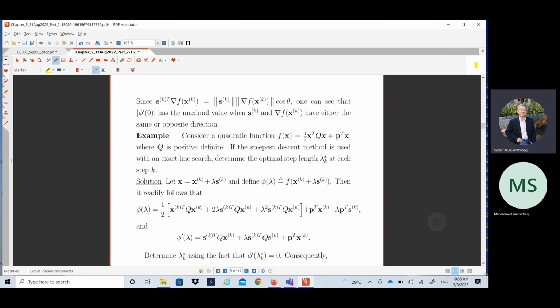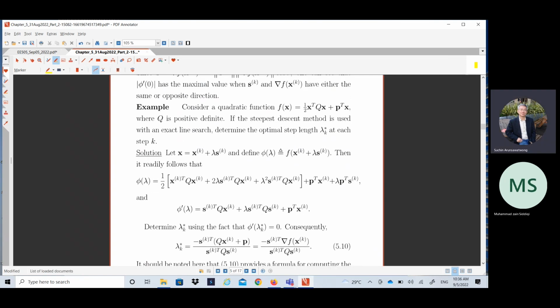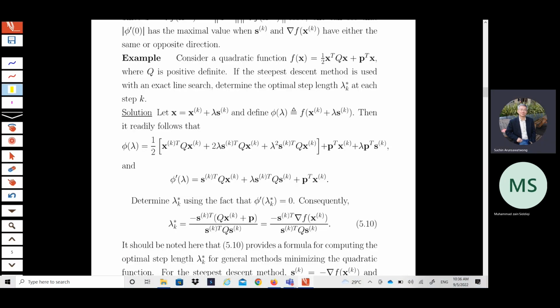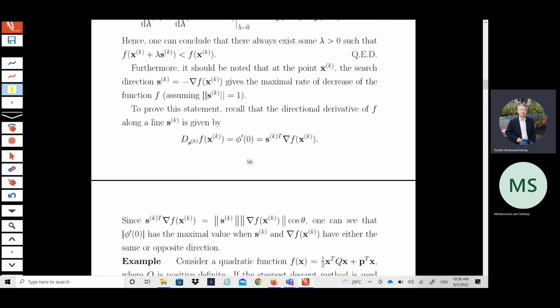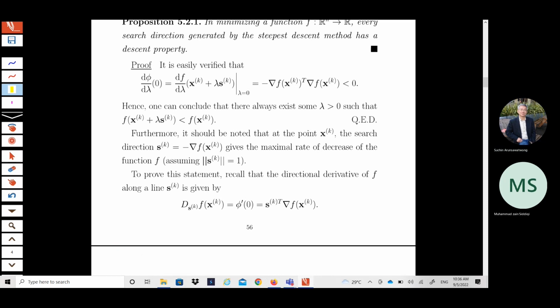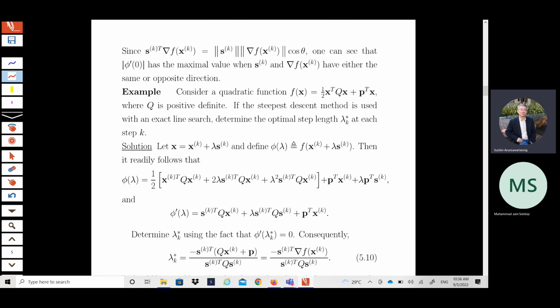Now let's go to this example. Just skip this; I think this can be skipped for the moment. Now we look at this example, in which we consider a quadratic function.